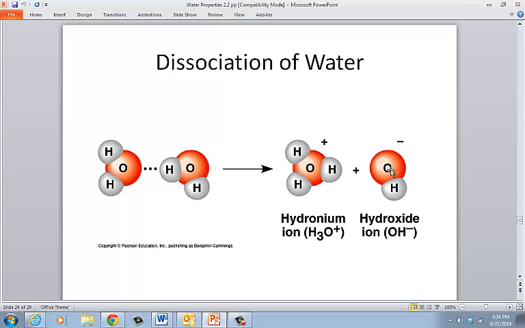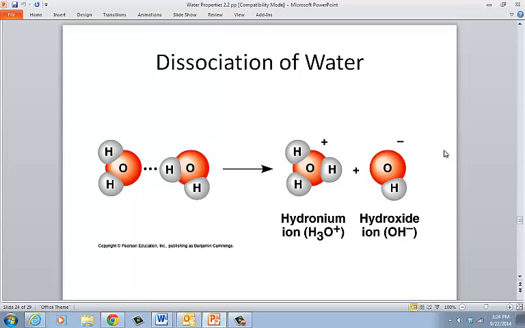So you definitely want to know the difference between the hydronium ion and the hydroxide ion, what those two look like. And we're going to look at the pH scale. This is going to be real important as we go into the lab on the pH scale. But this breaking apart of water into protons, this would be a proton, and this would be a hydroxide ion.